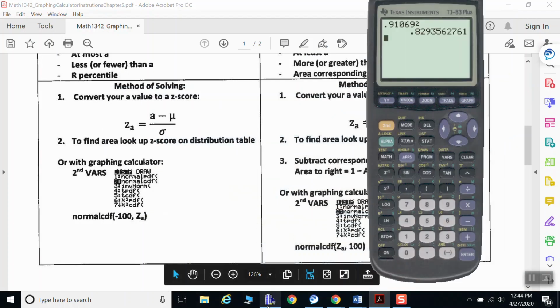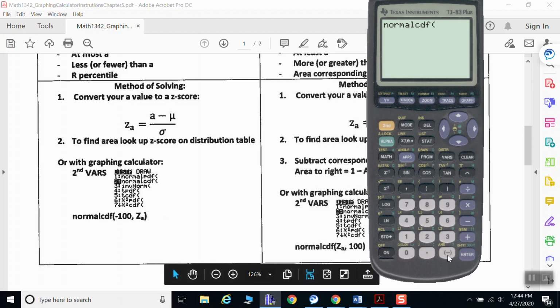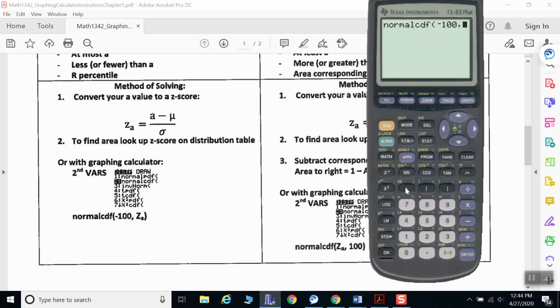So using the calculator, let's get the calculator. In the calculator, you press the second key and then vars, and that takes you to this menu. Choose option 2, so you scroll down to 2 or press 2. Then you press enter, and then you enter the negative 100 in parentheses, followed by the comma above the 7, and the z value in this case is 0.63.